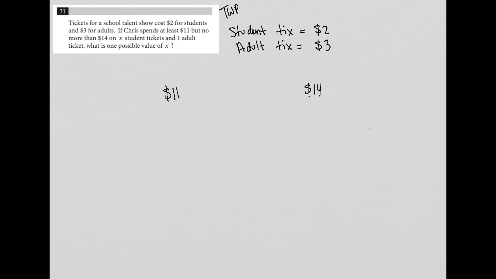But we also know that Chris is buying x student tickets and one adult ticket. Right, so we're going to say student tickets, let's call it S. So x times S plus adult tickets are A, so plus A. So this is what Chris is buying.